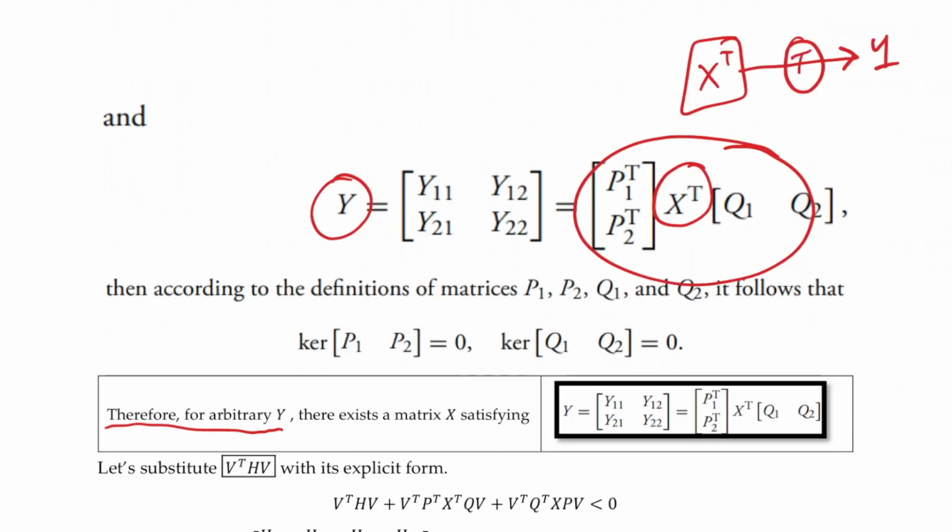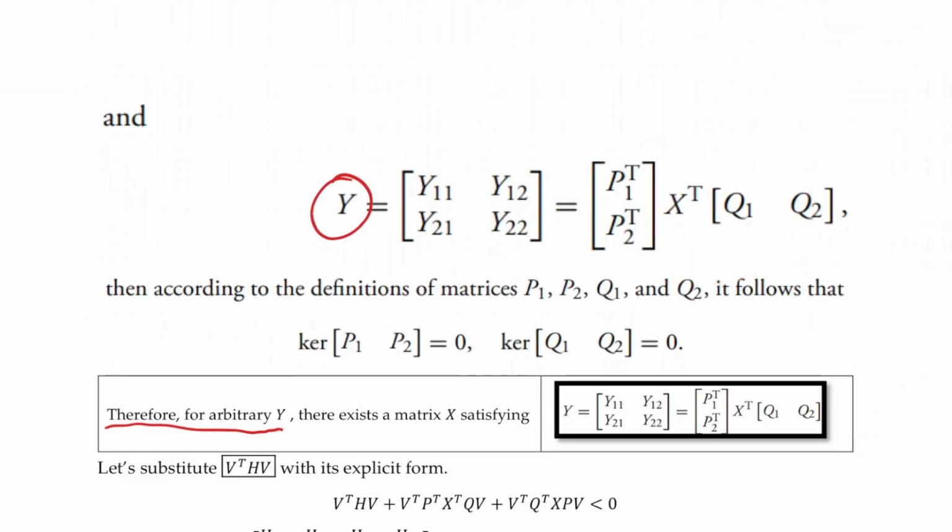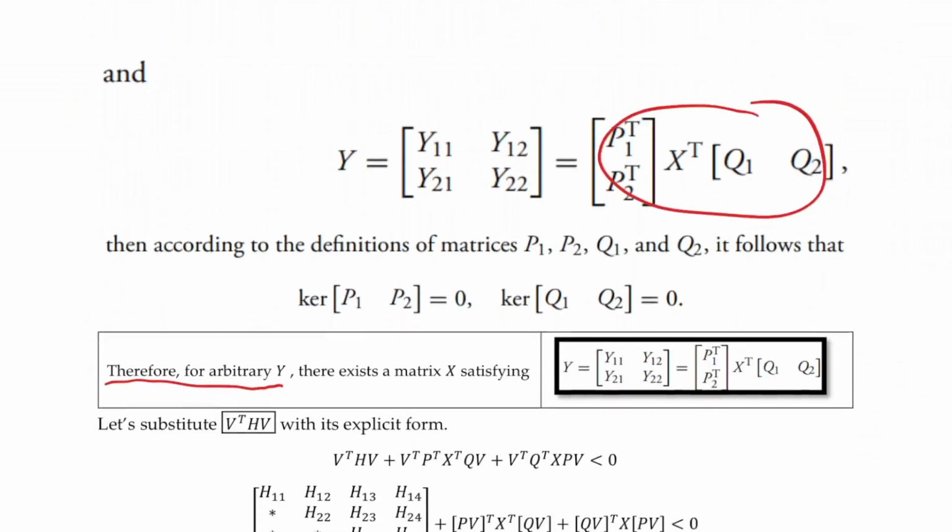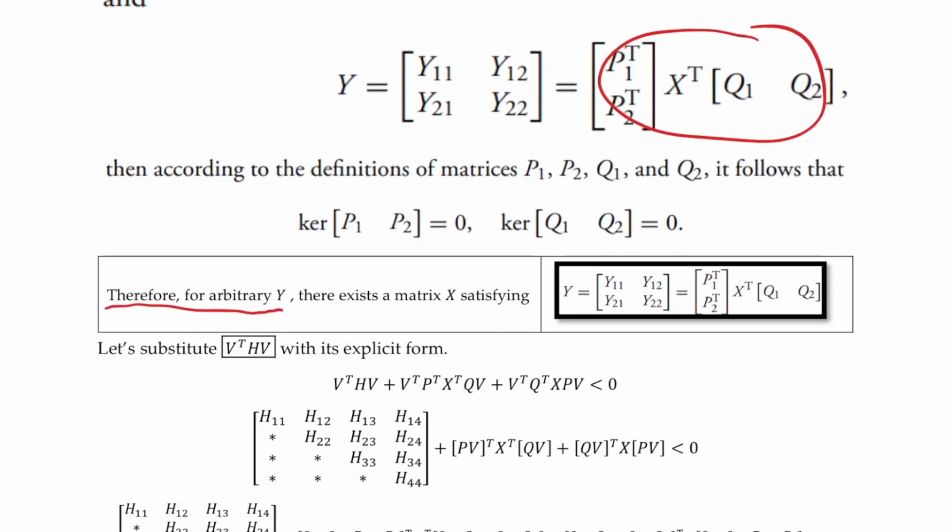This is the transformation, right? And whenever you give me a Y, I can get you an X. That is it.